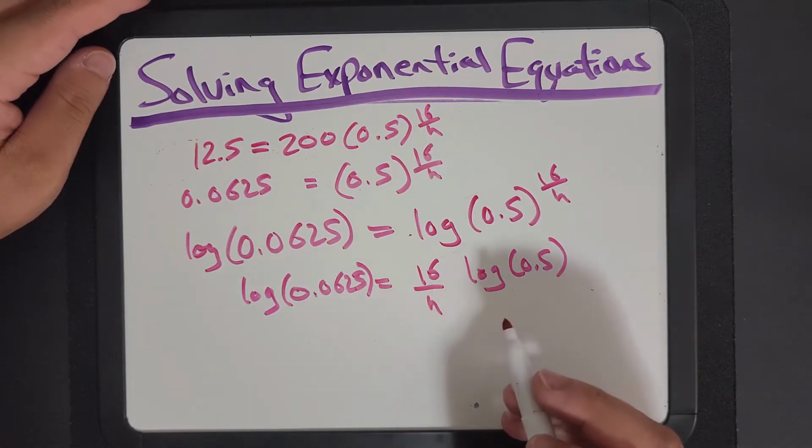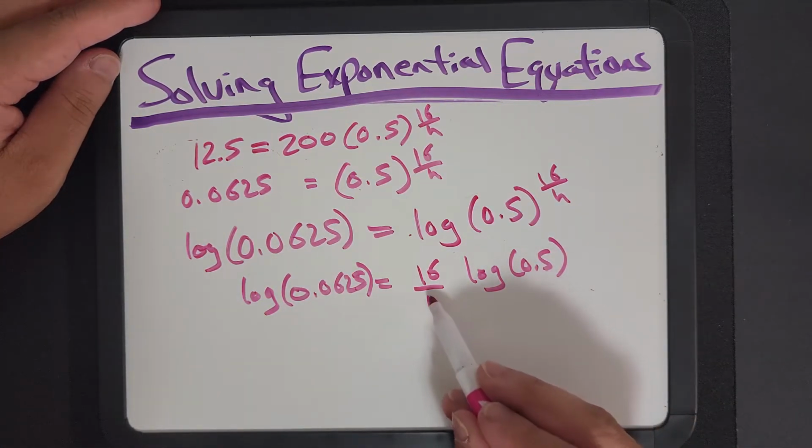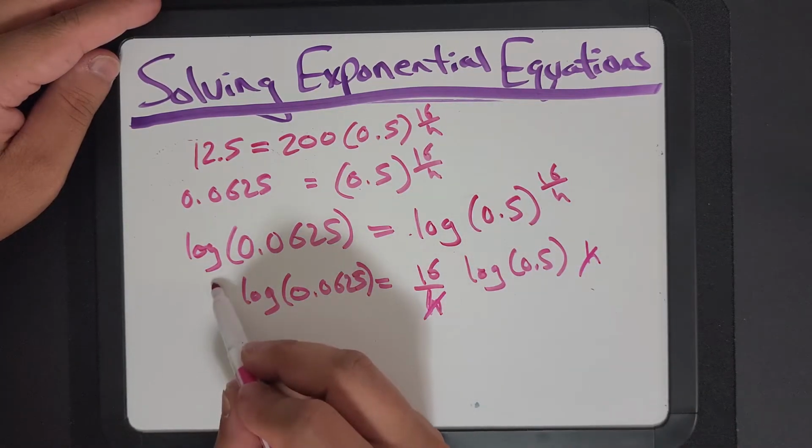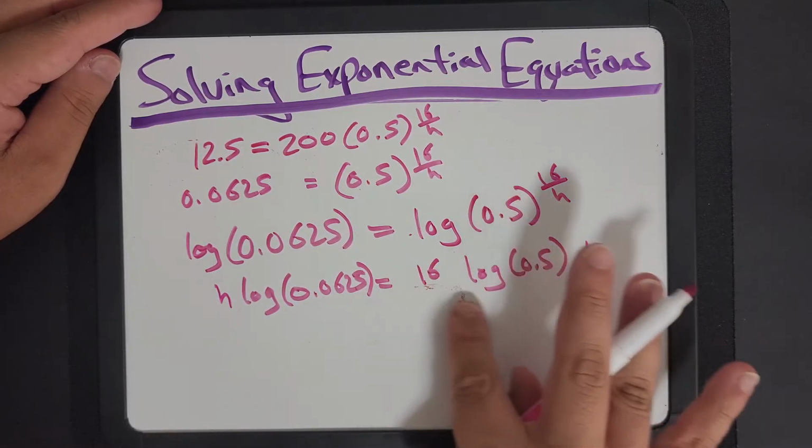Now to isolate this, I can multiply both sides by this h, and this will cancel out, and I'll be left with that.